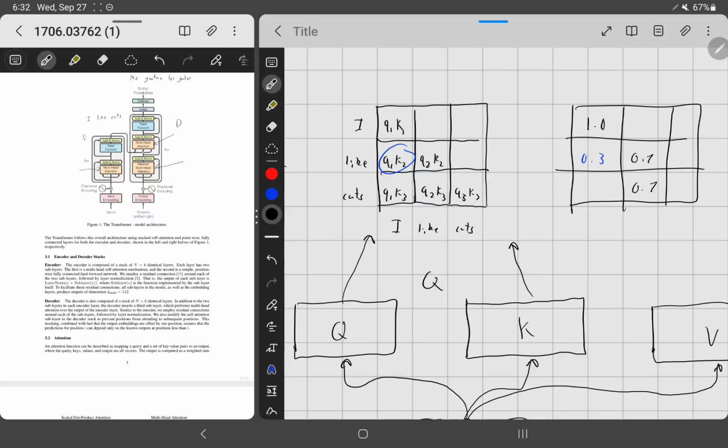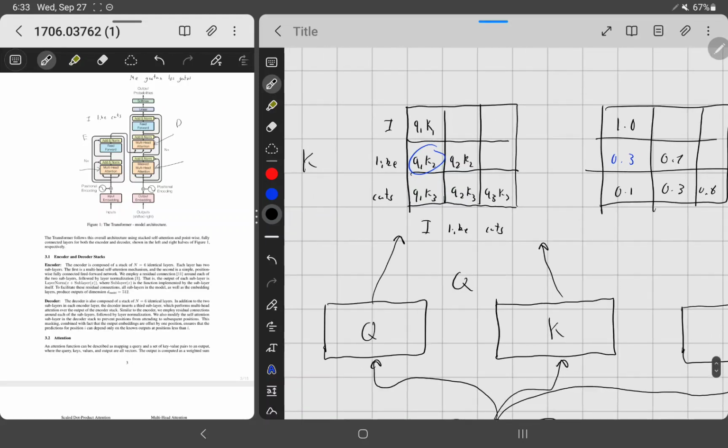The similarity score between "cats" and "I" is maybe pretty low; the similarity doesn't really mean much. And then "cats" and "cats", since they're basically the same, you have a high score for that. So maybe it's 0.3, 0.4, 0.6.